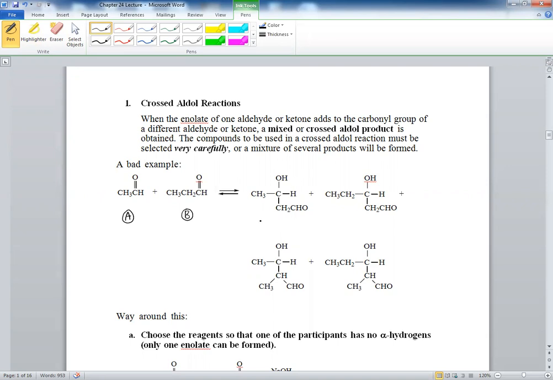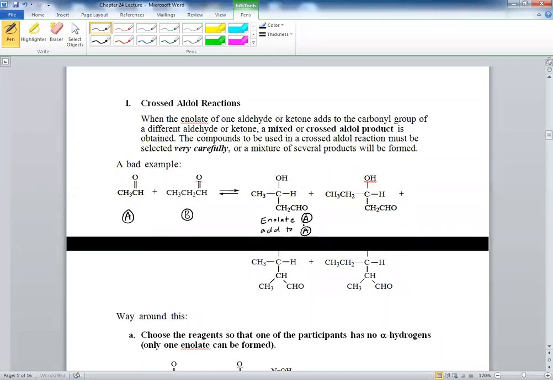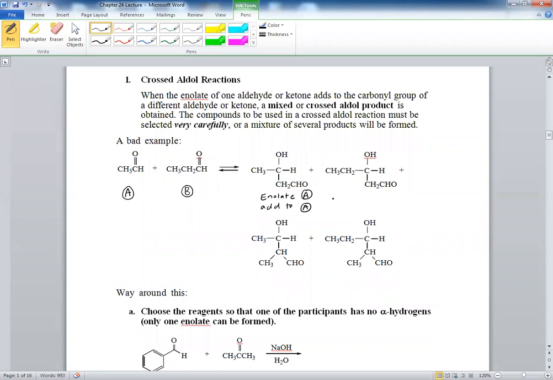This forms when you take the enolate of A and add to A. So this one is reacting with itself. The second one is when you take the enolate of A and it adds to B.